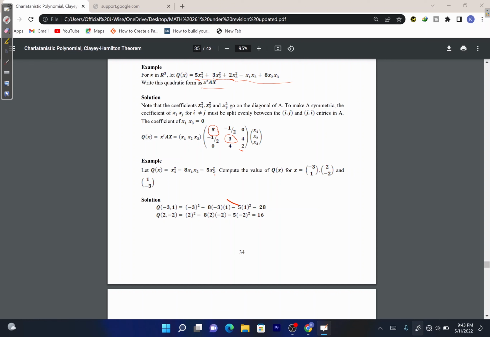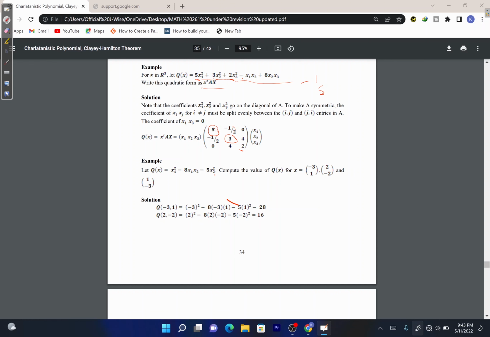The coefficient is -1, so when we divide by 2, we get -half. Then that will be the element of row 1 column 2 and row 2 column 1.